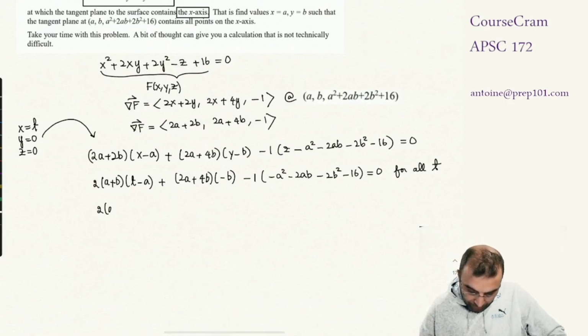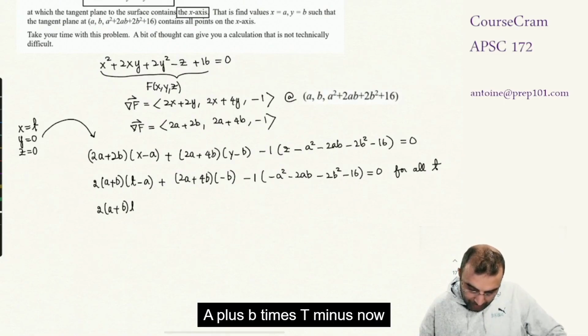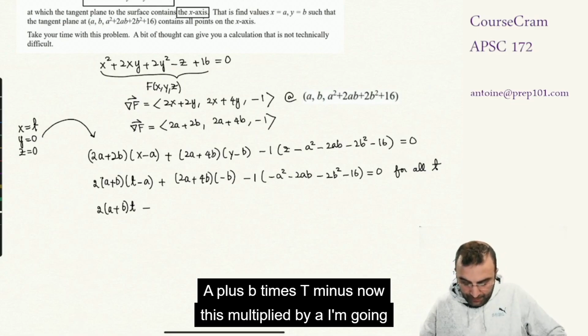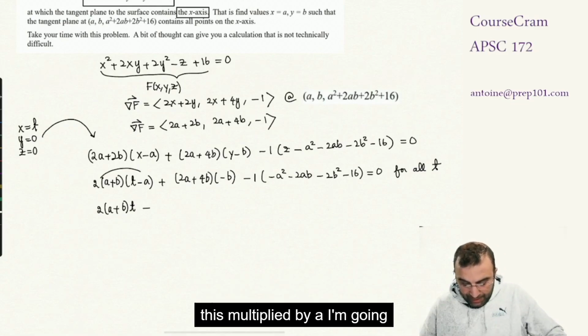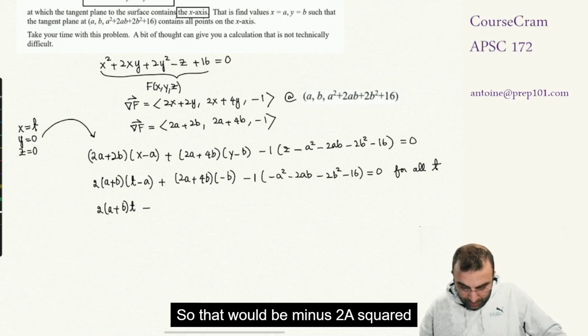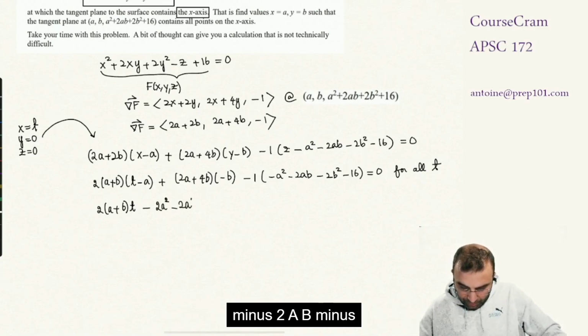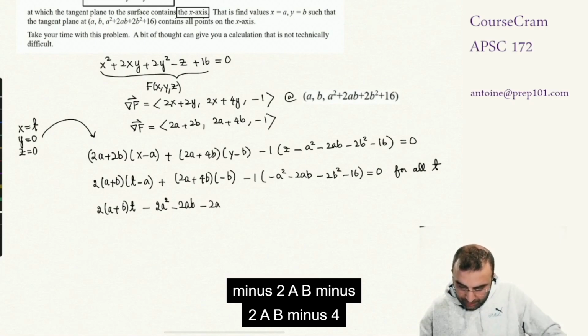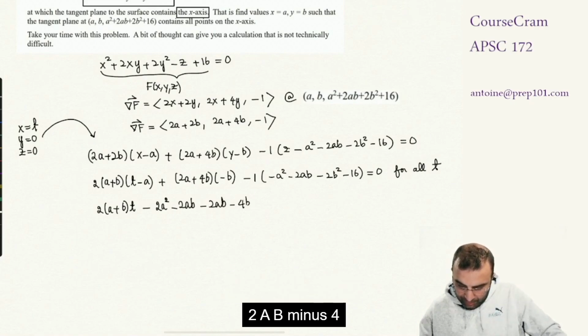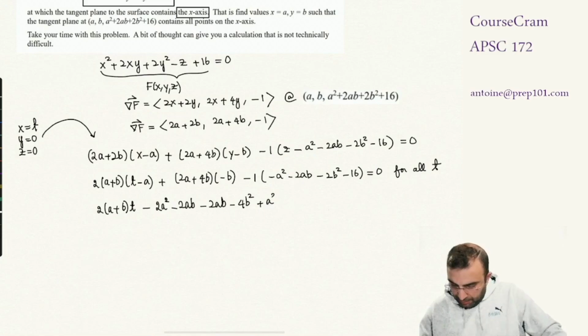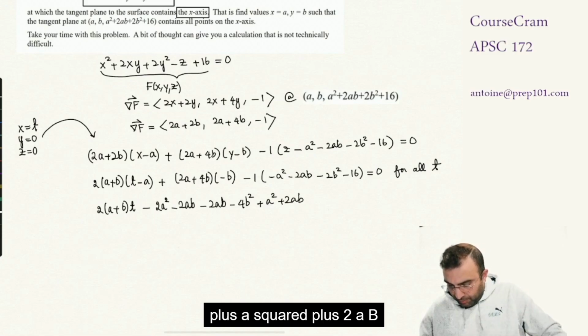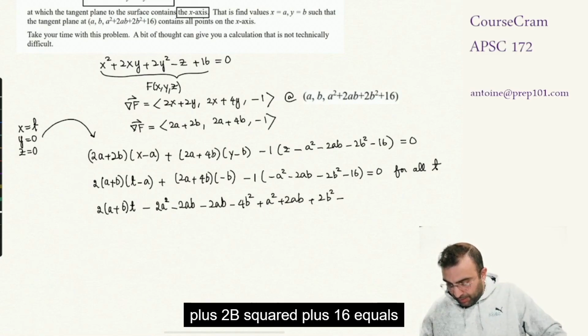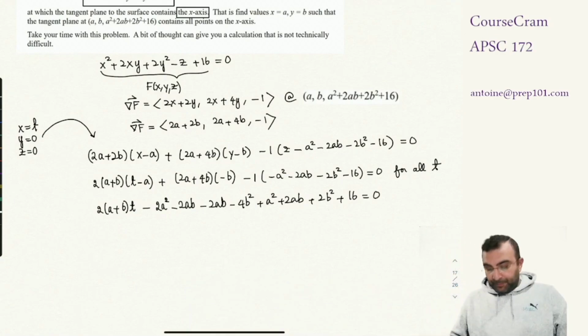Fantastic. So I have (2a plus 2b) times t minus, now this multiplied by a, I'm going to expand everything else. So that would be minus 2a squared minus 2ab minus 2ab minus 4b squared plus a squared plus 2ab plus 2b squared plus 16 equals 0.